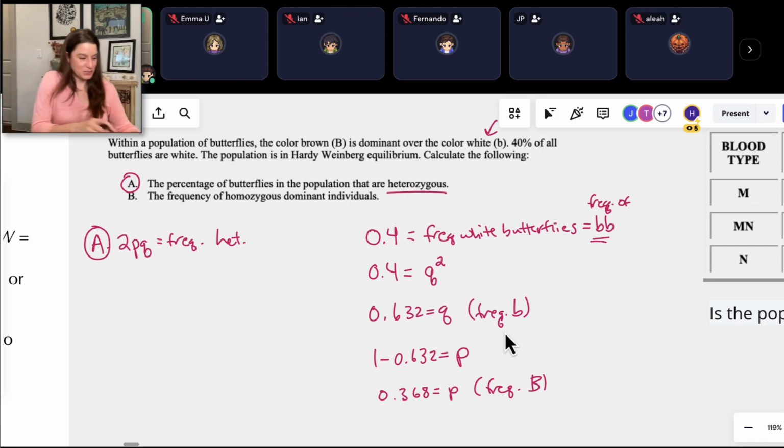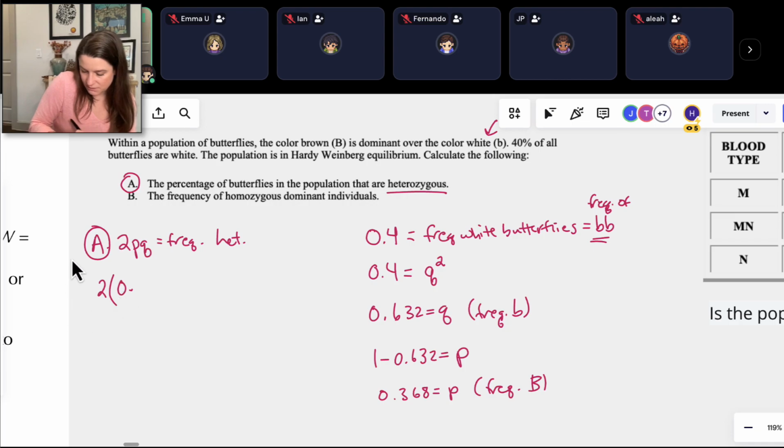You're just like, what do they give me? Ooh, white butterflies. Ooh, that means little b. Oh, that means q squared. Great. So now I know the frequency of q squared. Square root it gets me q. Subtract it from 1 gets me p. And now you've got p and you've got q, and you can multiply that by 2. And that gives you the information about the heterozygotes.